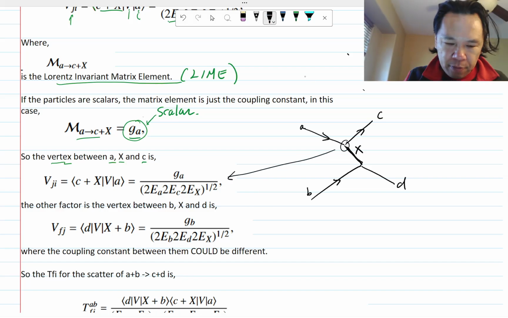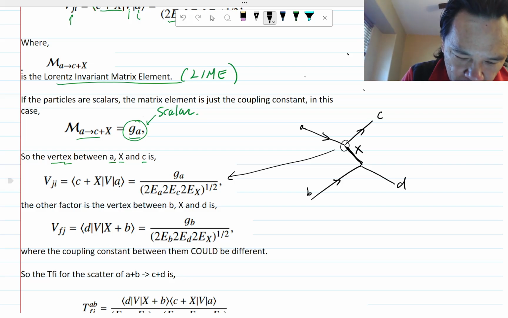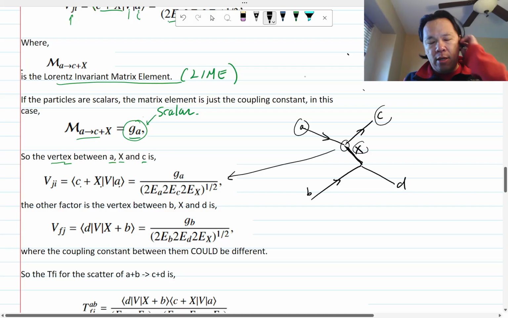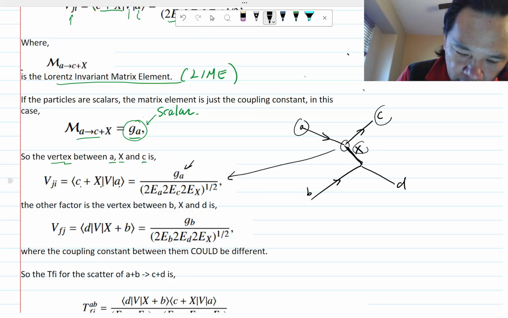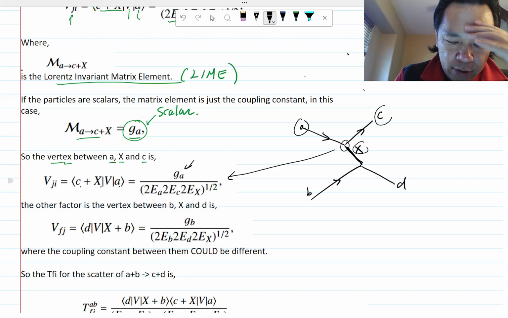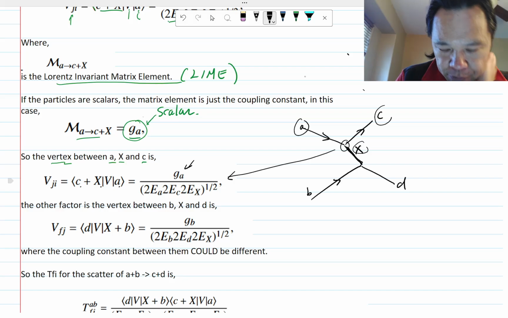this interaction of A, C, and X together is going to be some scalar for this simplified idealized case where the particles are scalars, meaning these particles have no spins.